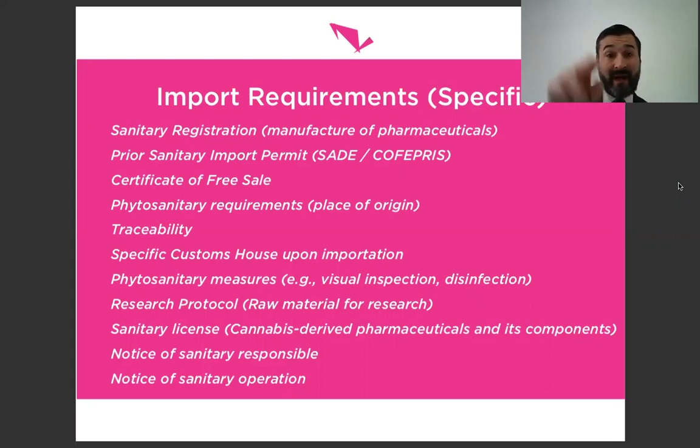We have to identify the tariff item, because once we have the tariff item, we are able to understand all these list of items, okay? Sanitary registration, this is basically for the manufacture of pharmaceuticals or prostheses, okay?